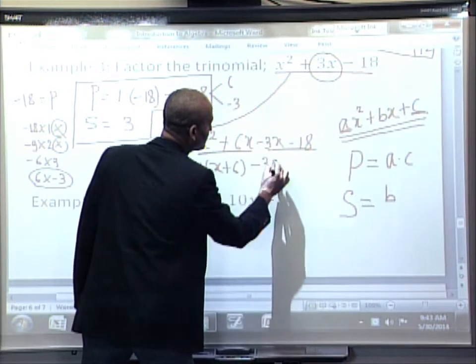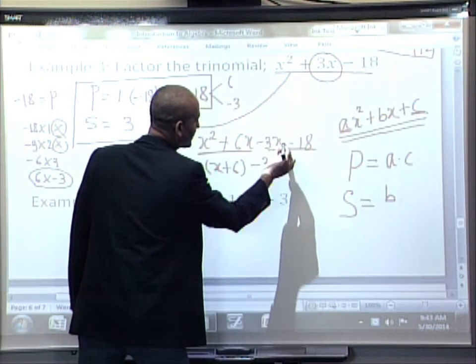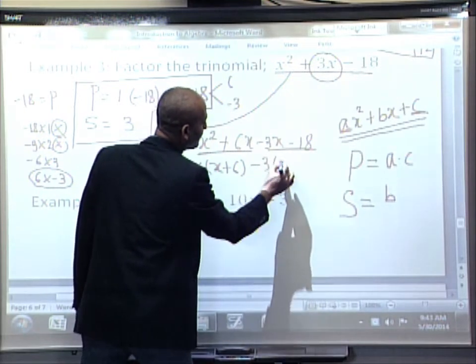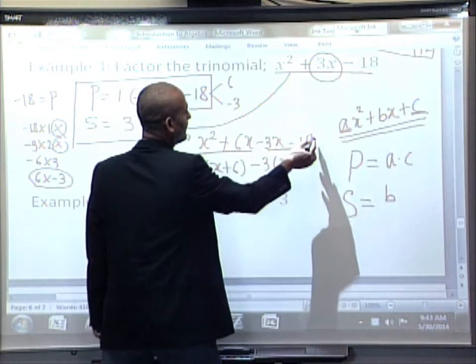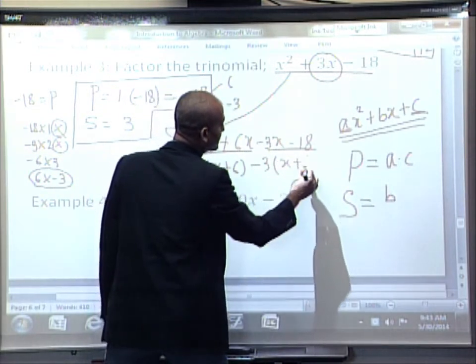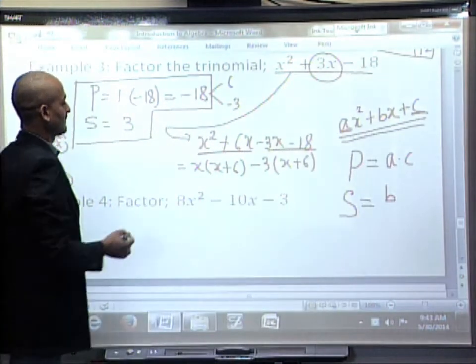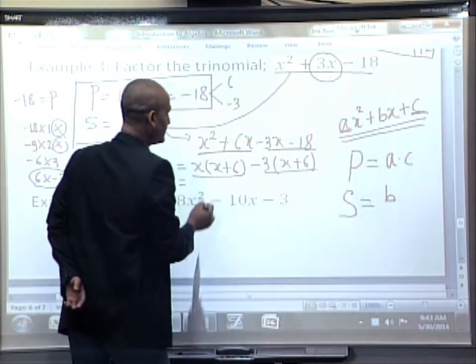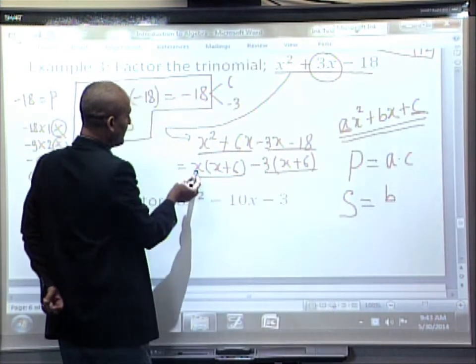We take negative 3 out: from negative 3x, I'm taking negative 3 out, so x is left over. From negative 18, I'm taking negative 3 out, so positive 6 is left over. That means this is one factor, this is another.